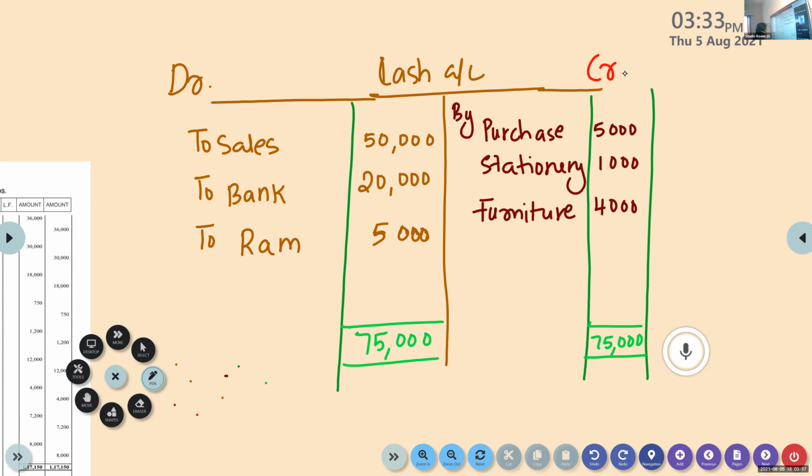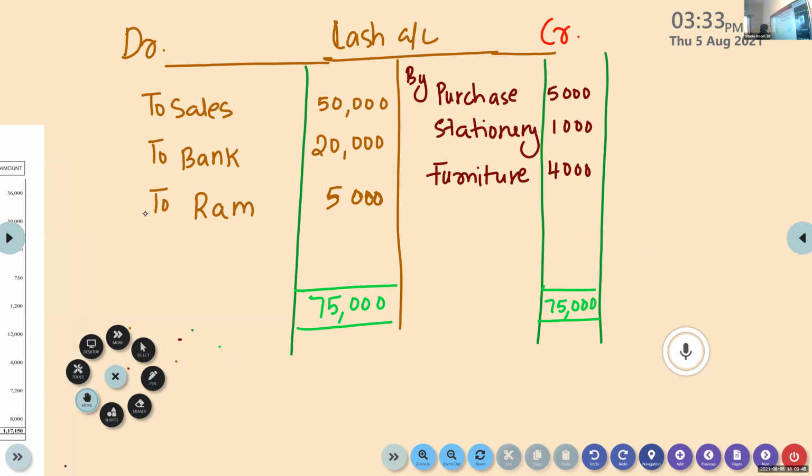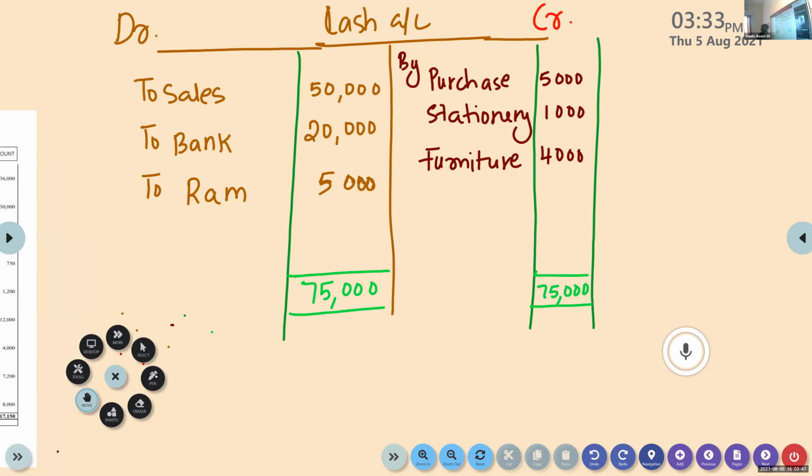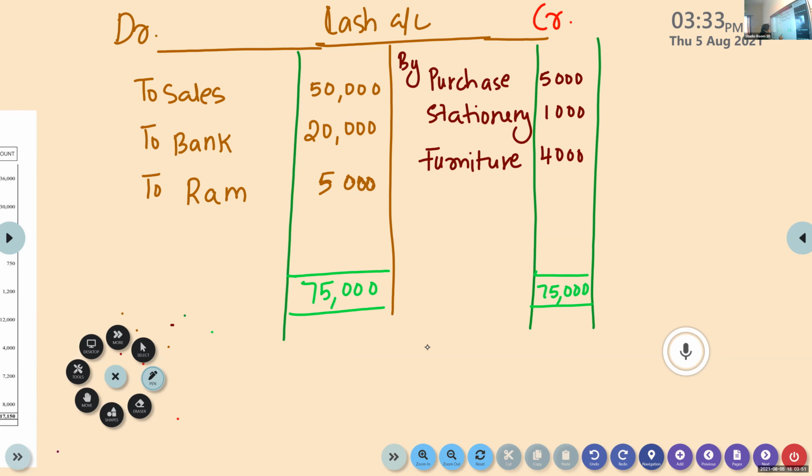Now we are going to find the difference. 75,000 minus 10,000. So what is the difference? 65,000.